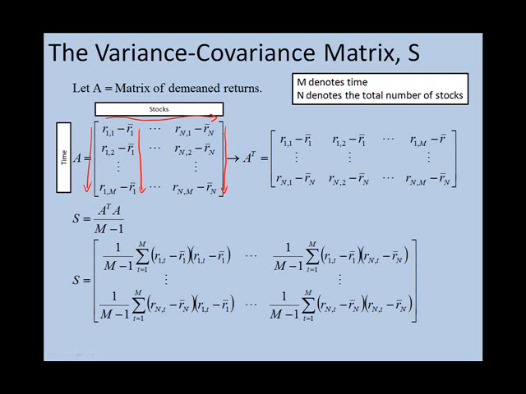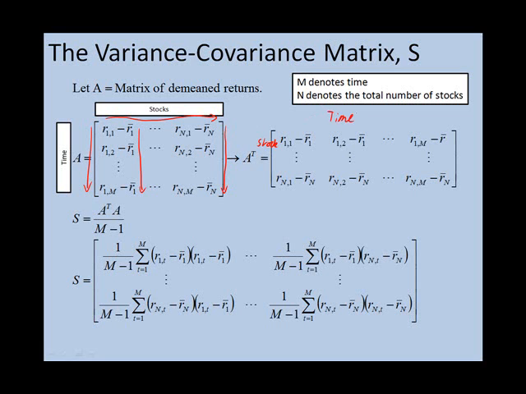We can calculate the transpose of matrix A. That would mean we now have the stocks in each row, and in each column we'd have time.